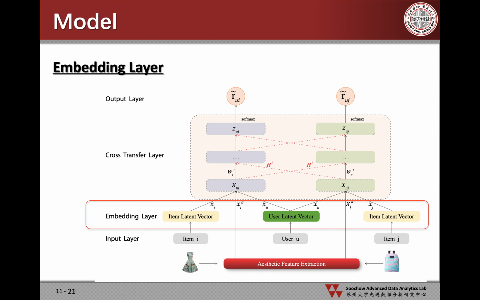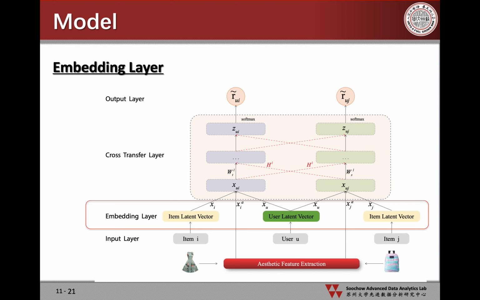Okay, the embedding layer to represent the input. We encode user and item IDs by one-hot encoding. For user U, item I from the target domain and item J from the source domain, we map them into one-hot encodings, and then we embed the one-hot encodings into continuous representations.